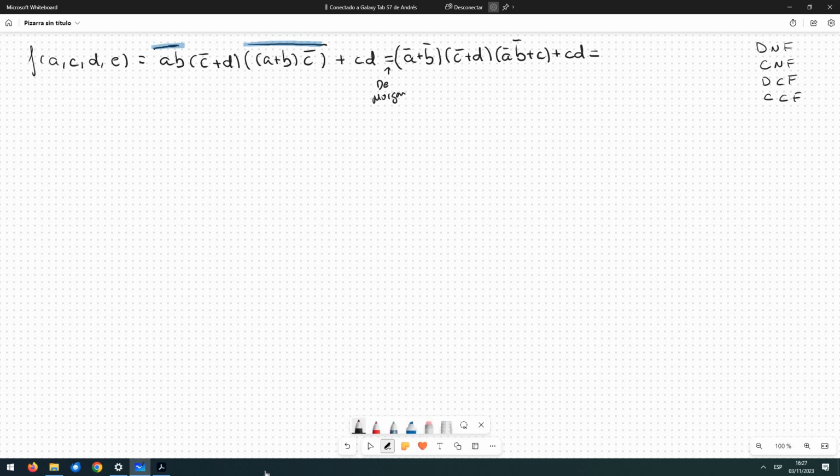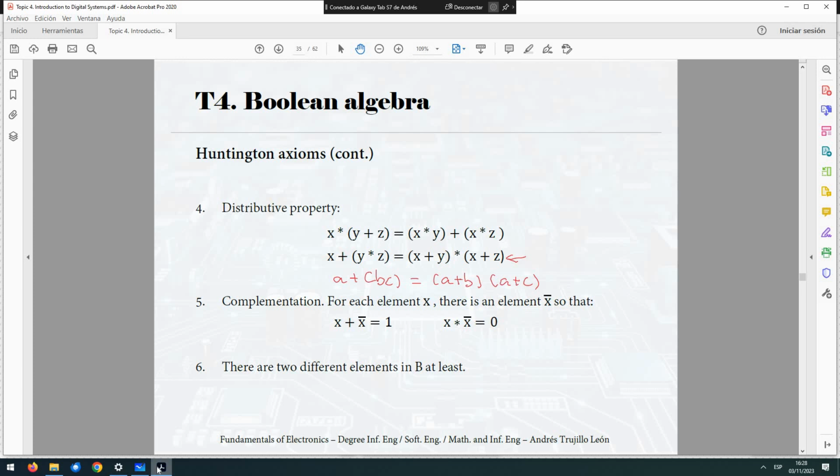Now in the next step we are going to apply the distributive property, but applied to the sum. I'm going to remind you of this. This is the distributive property that we are interested in. If we have a variable that is summed to a product, we can have two sums of the variable with each of them independently. So we are going to apply this distributive property here.